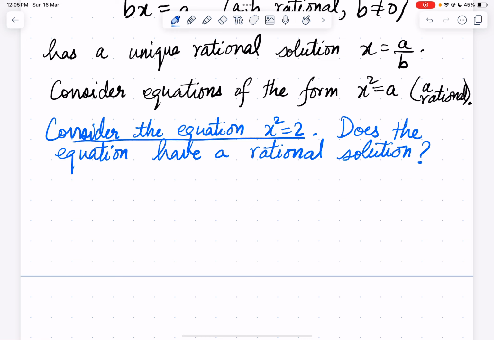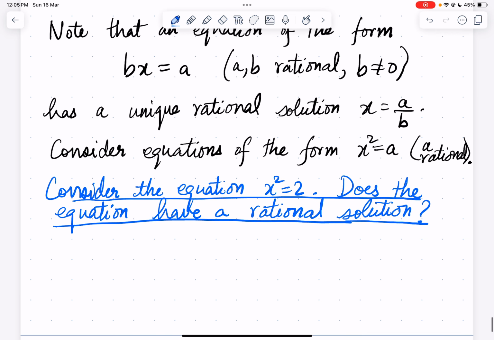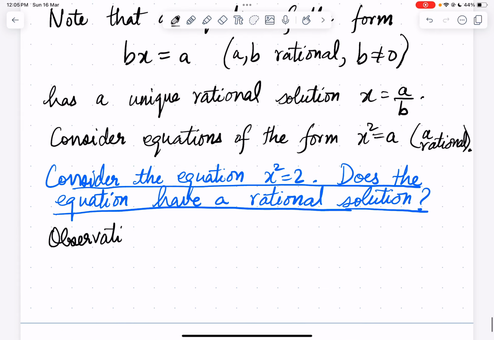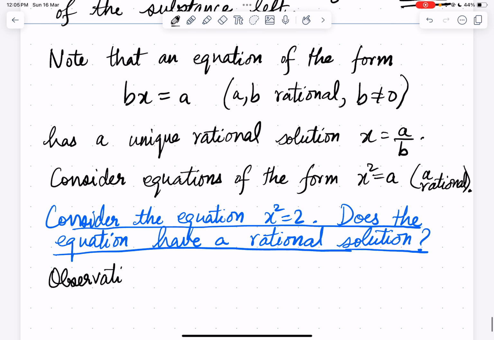Does the equation x square equals 2 have a rational solution for x? So let's see. The observation is this equation has no rational solution. We saw that within rational numbers, we can solve equations of the form bx equals a, where a and b are rational.